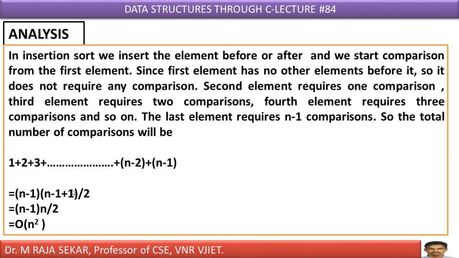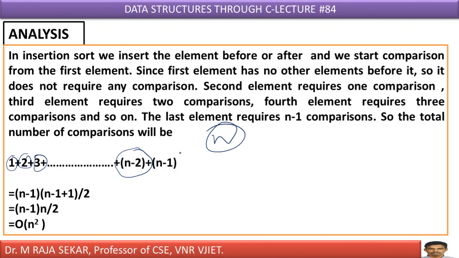Now in insertion sort, we insert the elements before or after. That's what I discussed. How many comparisons do we need? First 1 comparison, then 2, then 3, up to n minus 2 comparisons. If there are n elements, 1 comparison, 2 comparisons, 3 comparisons, and so on, up to n minus 2.